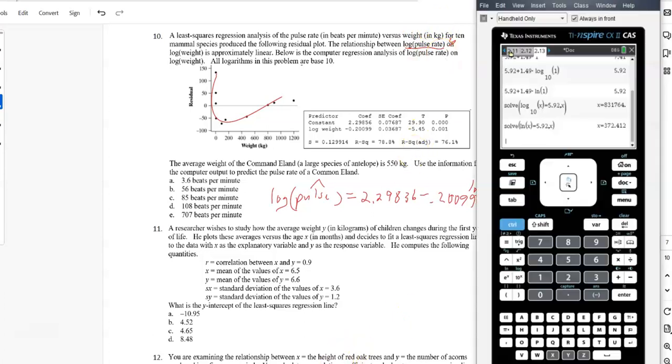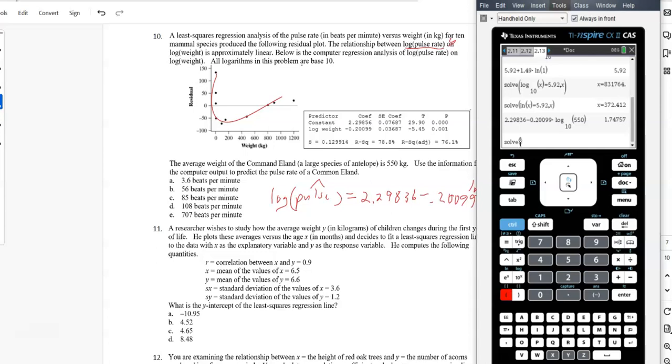Okay, so let's try this one. We're going to plug in 550 for weight: 2.29836 minus 0.20099 times the log of 550. Get that? And then you say the log of the pulse, which we're going to call x. Oh, well, we got to use solve again.